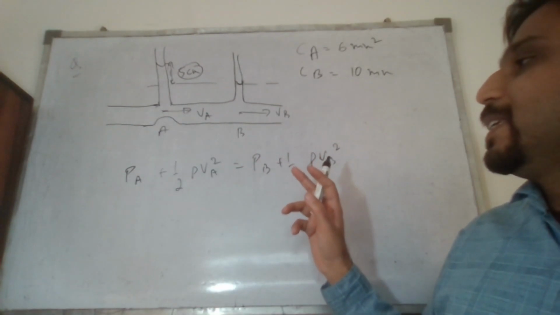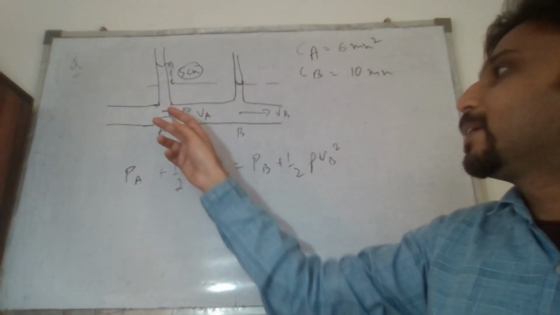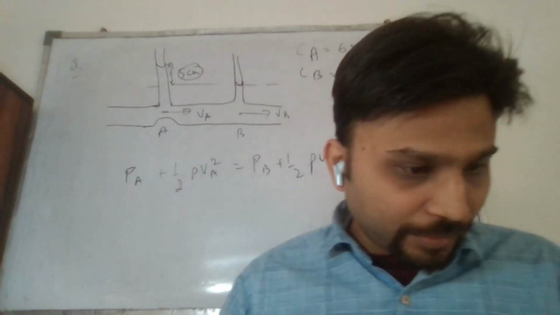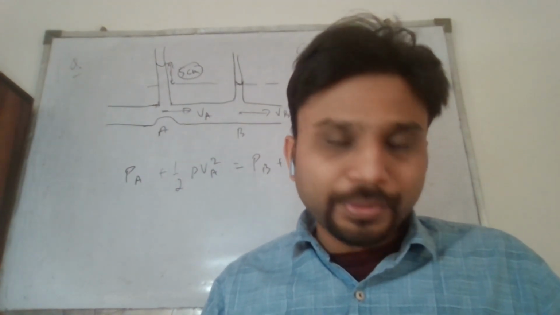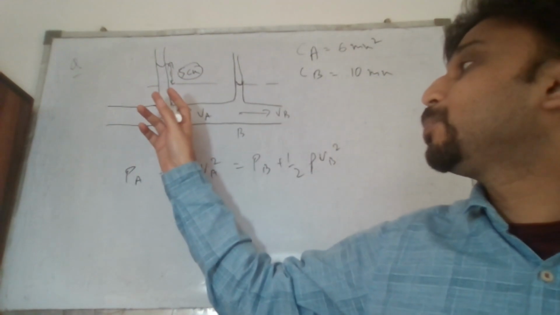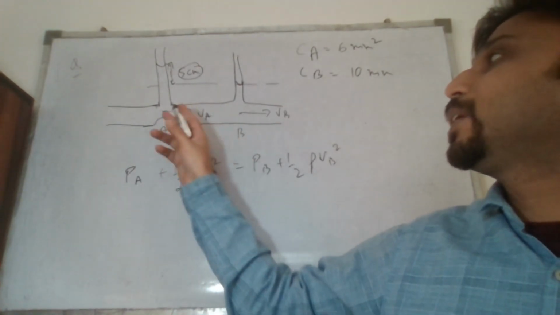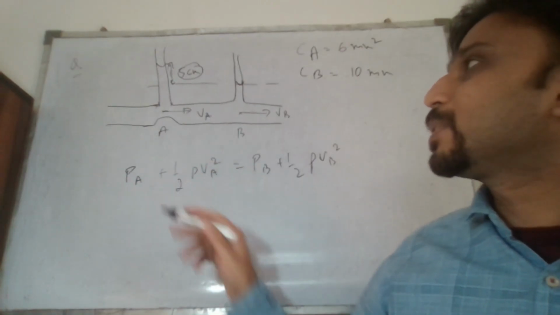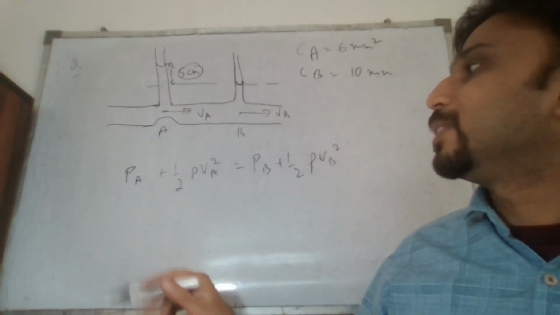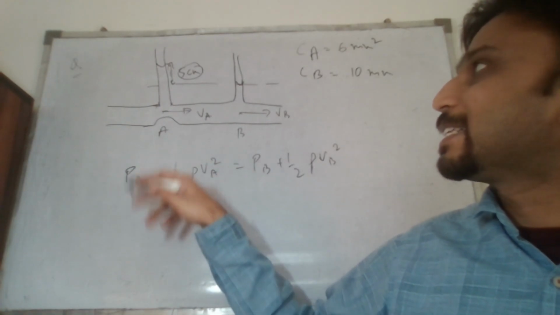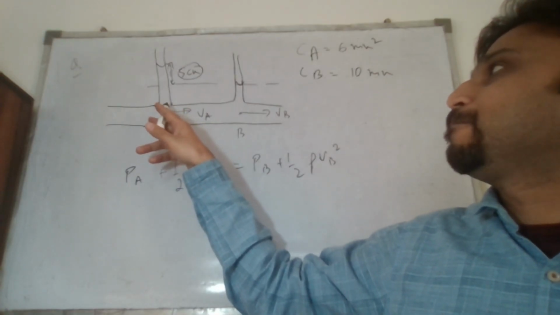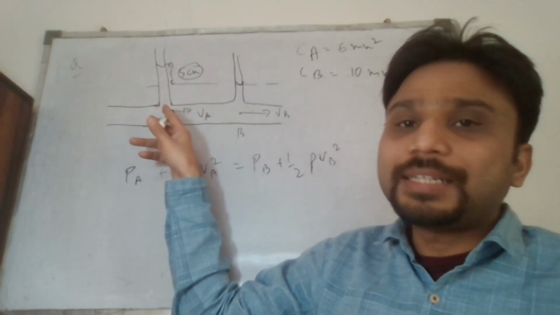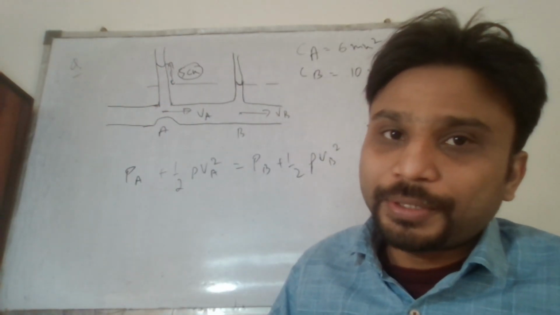So basically, we are predicting that the velocity at point A would be more. Since velocity at point A is more, the pressure at point A should be less as per this equation. When the pressure is less, the height of the fluid at that point is basically showing the pressure at that point.